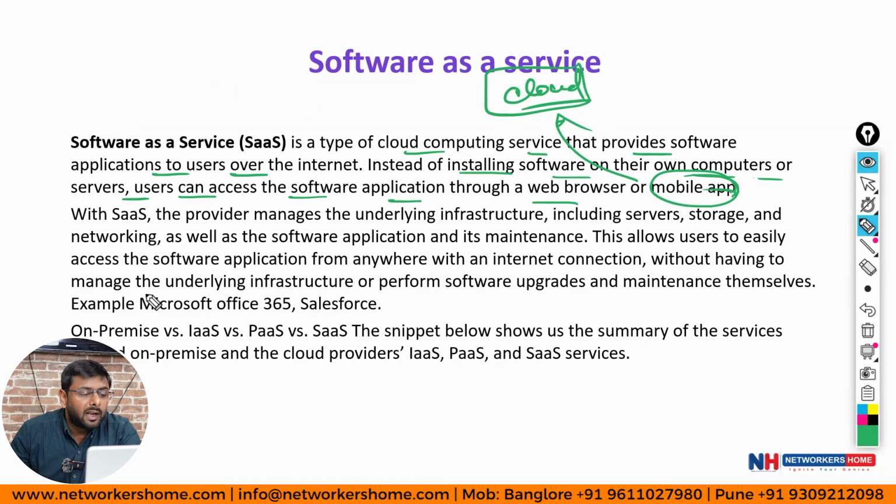Correct? Examples are Microsoft Office 365 and so on. So these are the services of the cloud: infrastructure as a service, platform as a service, and software as a service.